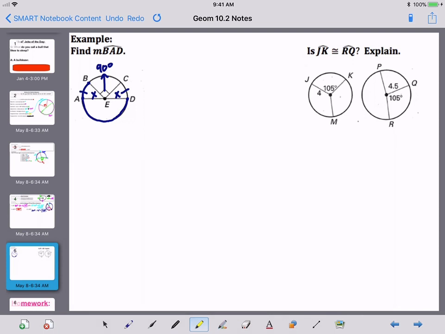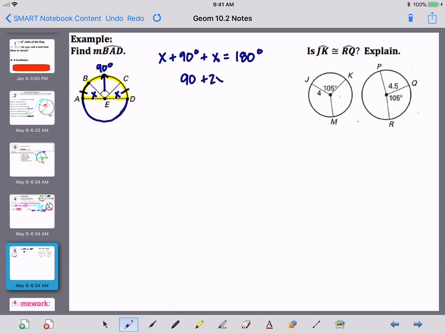So if we just focus on this half of the circle, my goal right now is to try to figure out what X is. Well, that highlighted portion, which contains X, 90 degrees, and then that other X, is a semicircle. So I know it has to add up to 180 degrees.